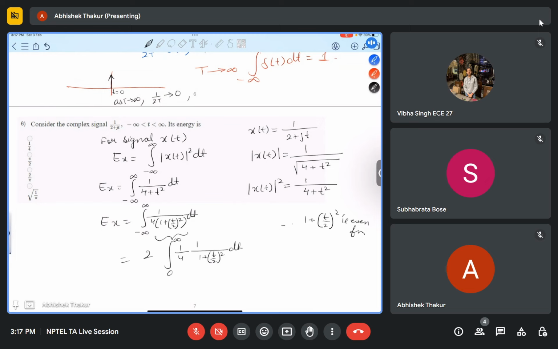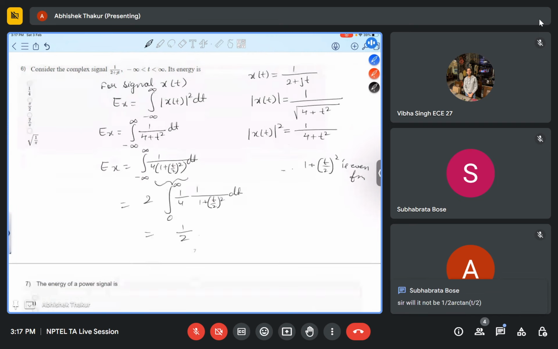If we integrate over negative side and positive side, both will be equal. So that's why we have multiplied by 2. So we will get 1 by 2, integral 0 to infinite, 1 by 1 plus t by 2 square dt. Now we can substitute t by 2 is equal to tan theta and integrate.